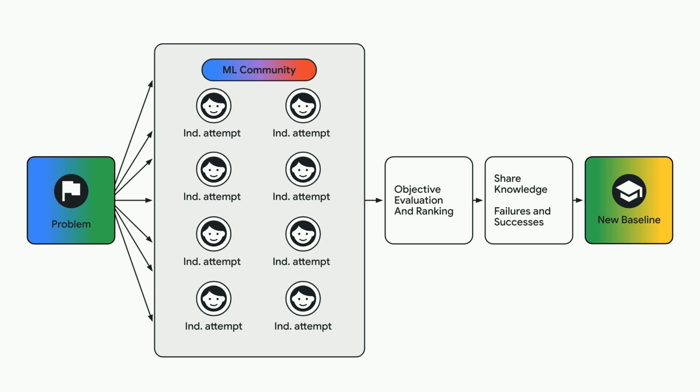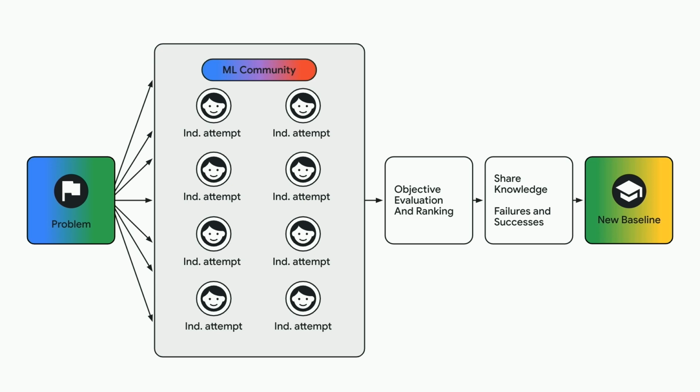Even if we may have some 10x engineers in this room, there's really only so far you can go when you're trying to go at something alone. What if you could be a 1,000x engineer, a 10,000x engineer? This is really what a Kaggle competition is in essence. But it's not just one person, it's hundreds and thousands of participants who are all working independently, just like you might be.